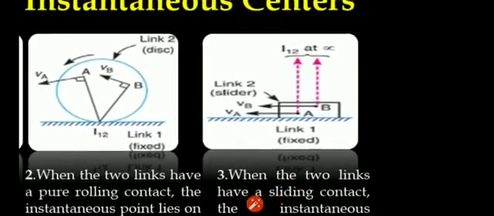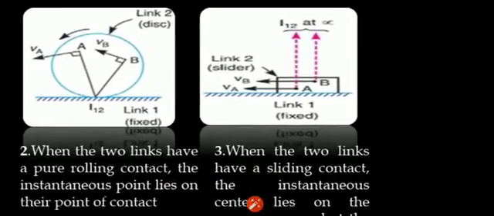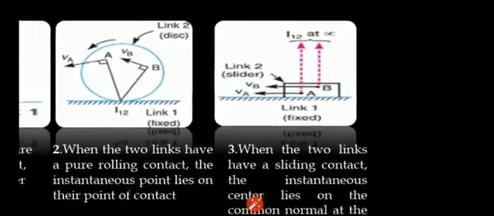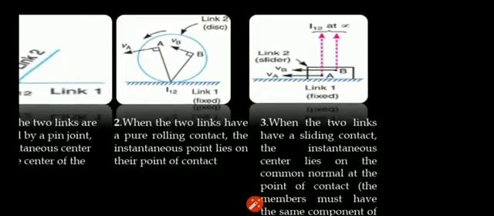If you take the third example, if there are two links having a sliding contact, then the instantaneous center of rotation always lies at infinity, perpendicular to the surface over which the second link is moving.